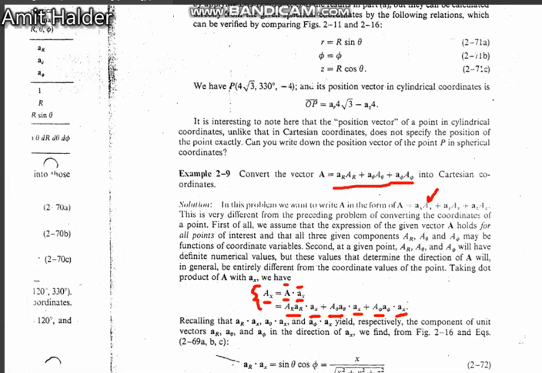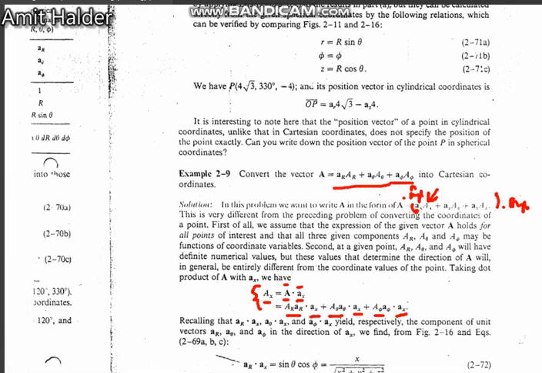If we want to find out this value first, we have to take the dot product with that unit vector, that is the unit vector ax, on both sides. Just give the dot product on both sides with ax, and in both cases we can find this.